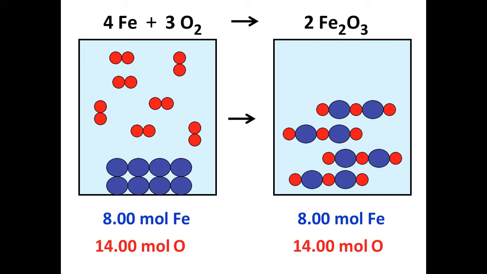And you notice when we get to this point, we've used 8 Fe's, so these are all gone, and we've used 12 of the oxygens, and we've run out of iron. There's no more iron left to react, so the oxygen, there's a little bit of it left over, didn't react with anything. So what's left in our container is going to look like this. This is our products of reaction if it's 100% reacting.